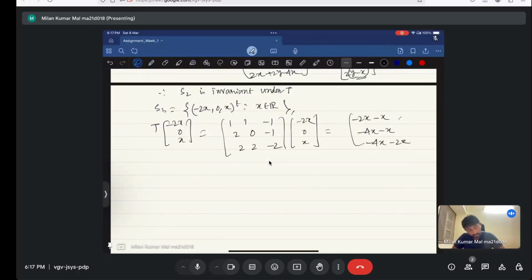So this will be equal to minus 3x, minus 5x, minus 6x. So one can look at the middle term, which should be 0, but here it is not necessarily.